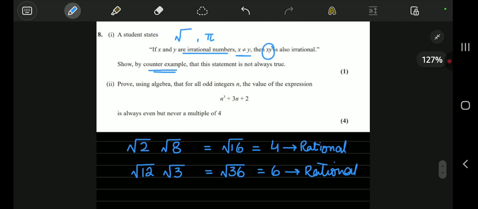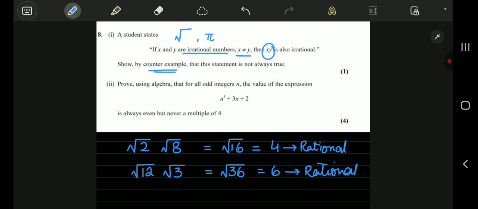In this way you can give examples, and by counterexample you can show that since x and y were irrational but xy is rational, this statement is not always true.